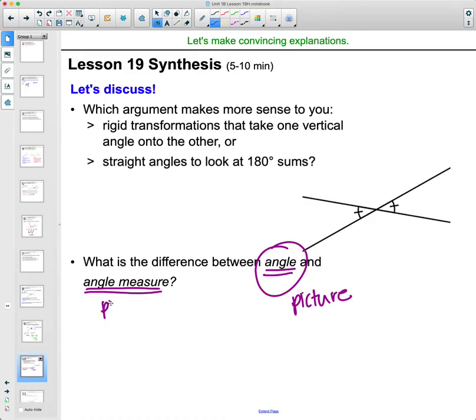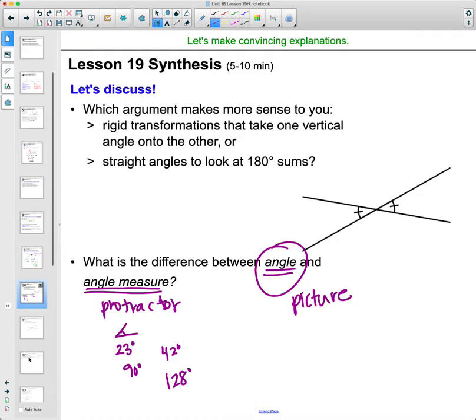Here you would use a protractor and actually come up with the size of the angle in degrees. So you would measure this. So this is like an actual number: 23 degrees, 90 degrees, 42 degrees, 128 degrees. You've actually measured the rotation here, versus just the same shape and same size on a picture without angle measures.